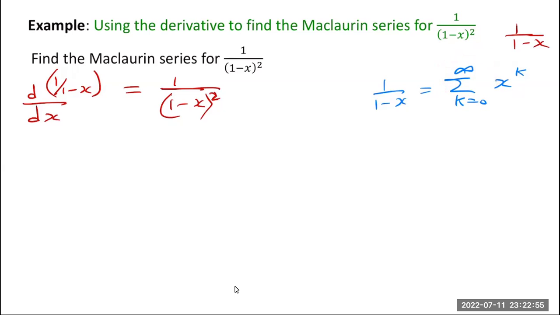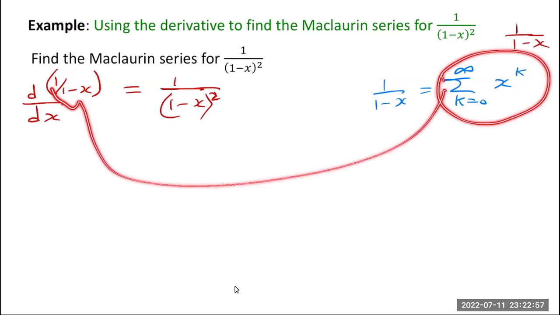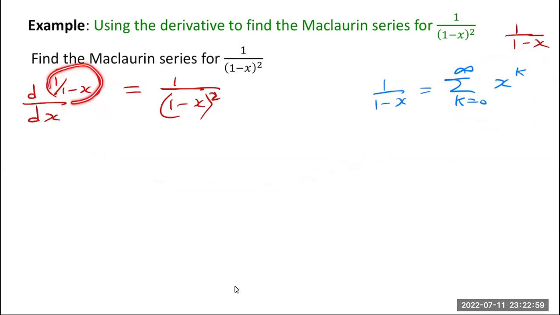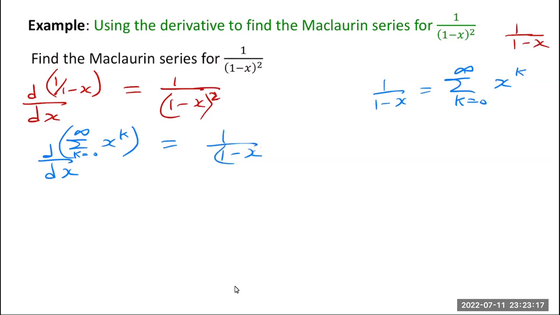So let me write this series notation here. I'm going to replace this function by its Maclaurin series representation. So I'm going to have d over dx of the sum from k equals 0 to infinity of x to the power k. This is what I need. That's exactly equal to the function that is given to us.